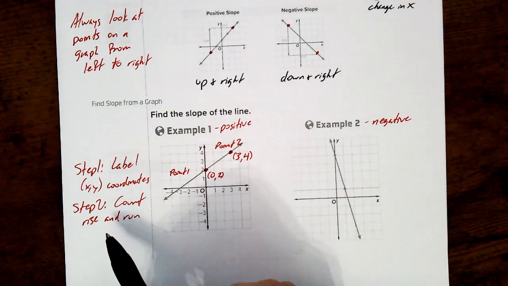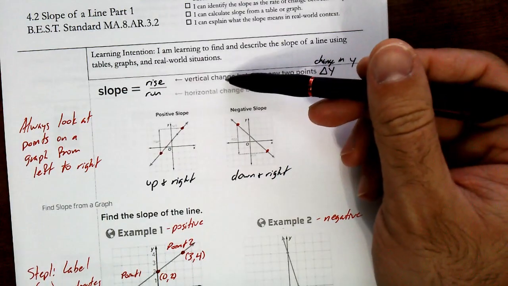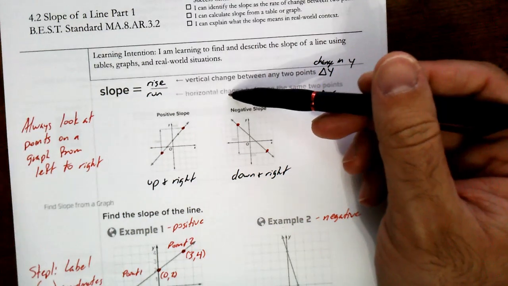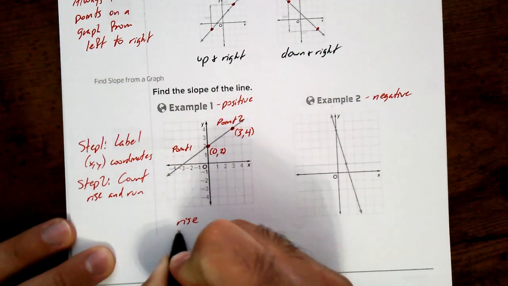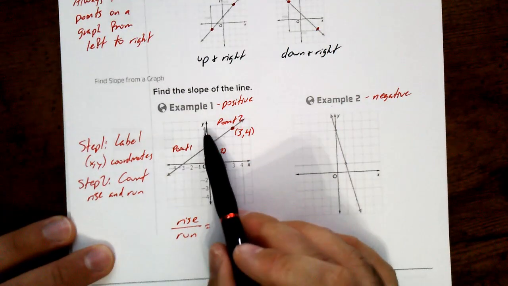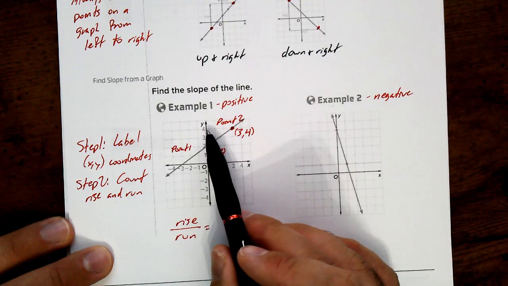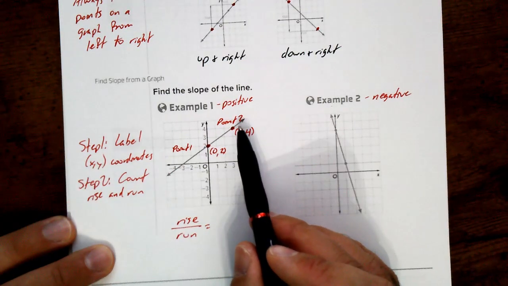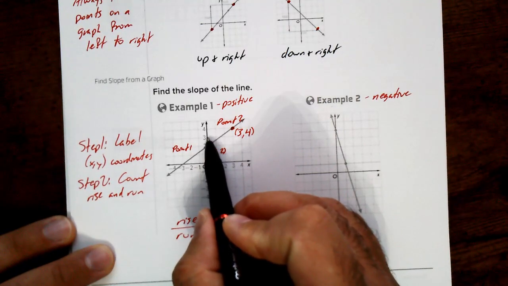Next step is to count our rise over run, our vertical change over the horizontal change. So rise over run. How much did it go up over how much did it go right? Well, if we count it out, 1, 2.